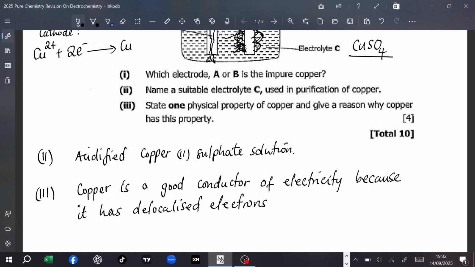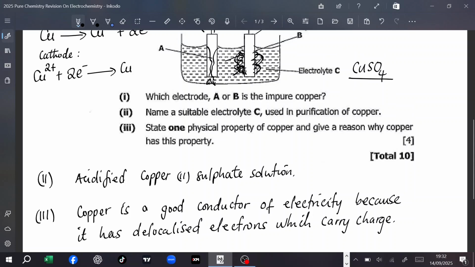They carry charge or produce electric current. So that is all here.